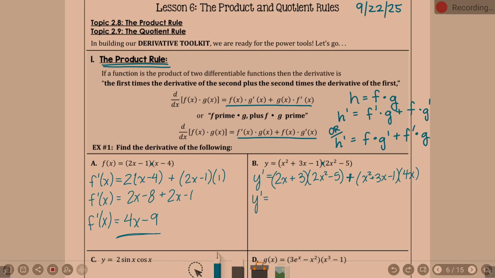So foiling. I have 4x cubed minus 10x plus 6x squared minus 15, and then I'm going to distribute 4x cubed plus 12x squared minus 4x.